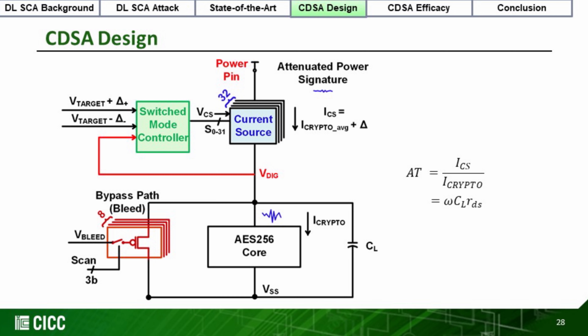In steady state, as the VDIG node remains within the guard band and the current from the top is equal to the average current, the switch mode controller remains disengaged and the attenuation is given by the output impedance of the current source as well as the load capacitance. Now, to reduce the area overheads, we need to minimize the capacitance and maximize the output impedance of the current source.